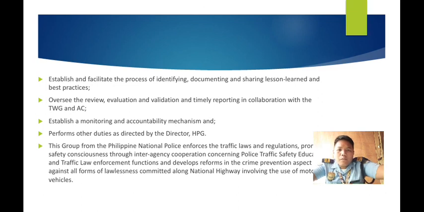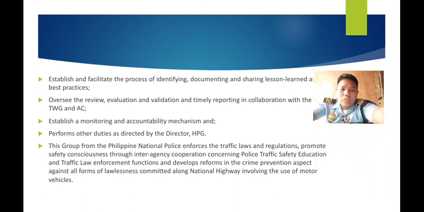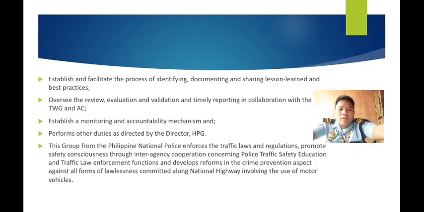Actually, the group of the Philippine National Police enforces the traffic laws and regulations, promotes safety consciousness through interagency cooperation concerning police traffic safety education and traffic law enforcement function, and develops reforms in the crime prevention aspect.